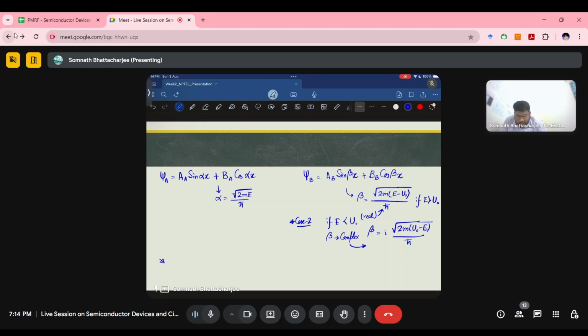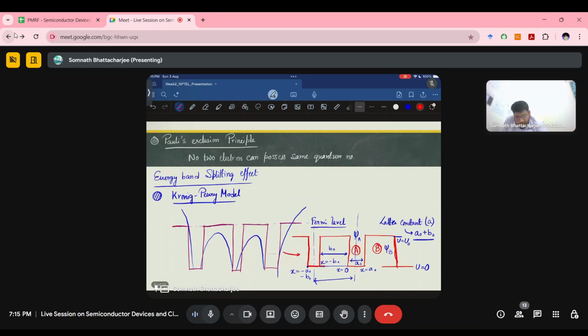So we have to find out the boundary conditions. There would be the basic boundary conditions considered here. The first boundary condition is the continuity condition, that states that psi A and psi B should be continuous.